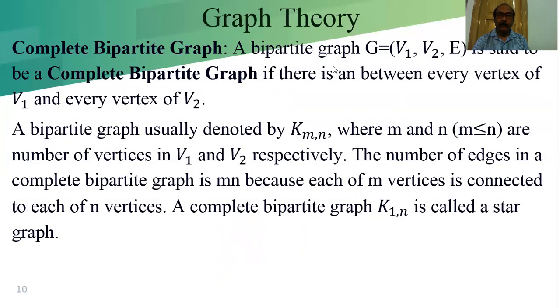Complete bipartite graph. A bipartite graph G equal to (V1, V2, E), where V1 is one set of vertices, V2 is another set of vertices, and E is the edge set, is said to be a complete bipartite graph if there is an edge between every vertex of V1 and every vertex of V2.